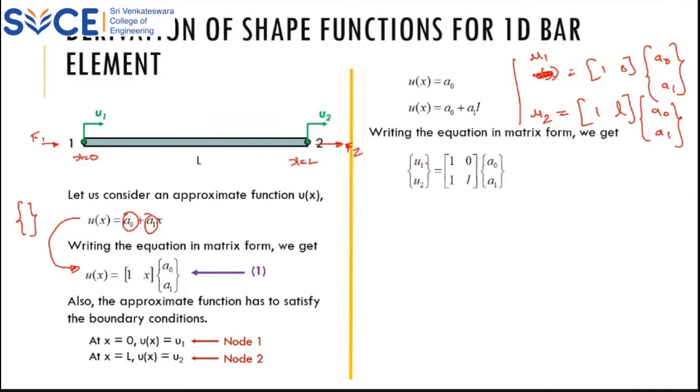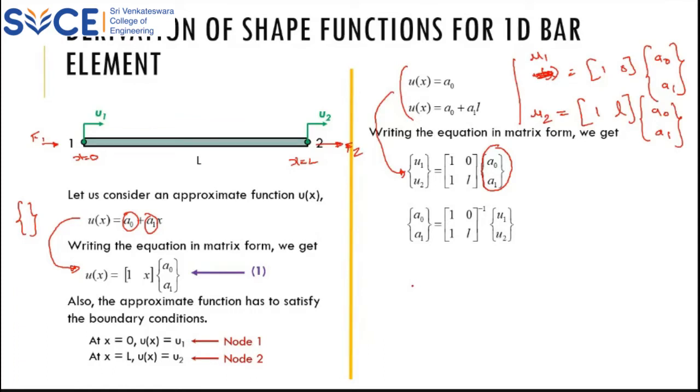So u1, u2 equals the matrix 1, 0, 1, L, times a0, a1, where a0, a1 is common. So this term I'm writing in matrix form. You are getting something like this. Now my aim is to identify the values a0 and a1. I have to cross multiply, so I'm going to take the inverse.